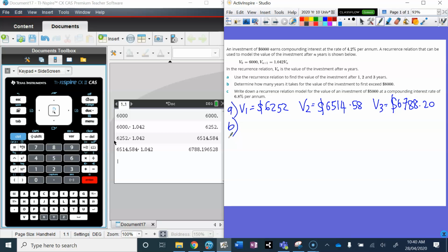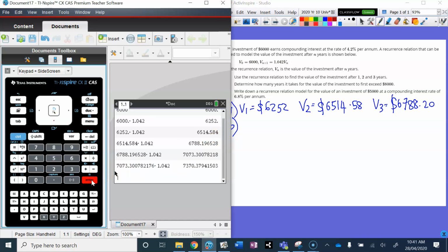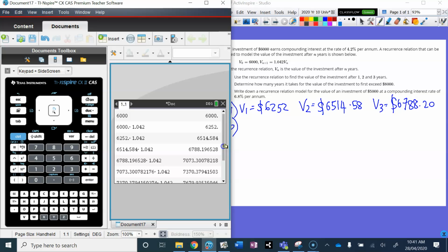Part B, we need to determine how many years it takes for the value of the investment to first exceed 8,000. So what I need to be doing on my calculator is just continuing to hit enter until my value goes over $8,000. So once it's gone over $8,000, you need to basically just calculate how many times you've hit enter to make that happen.